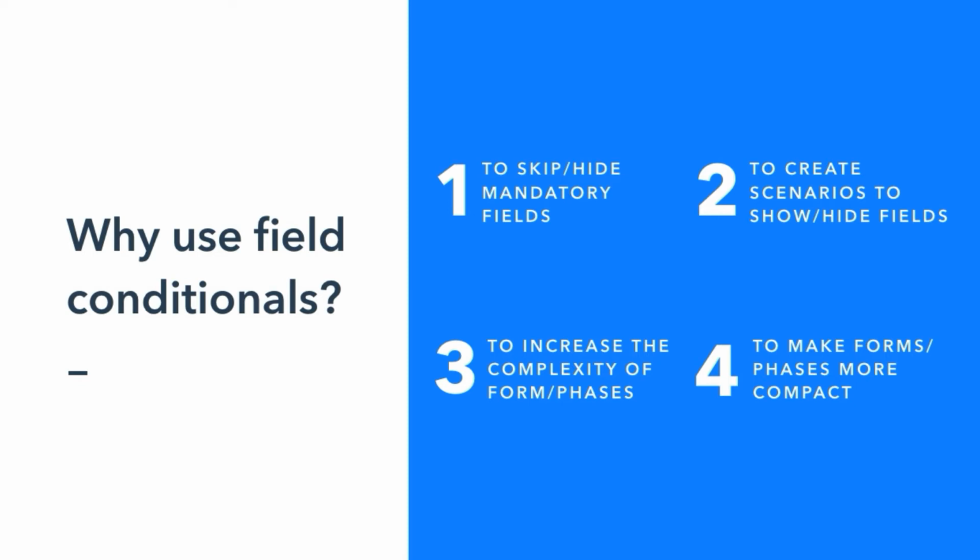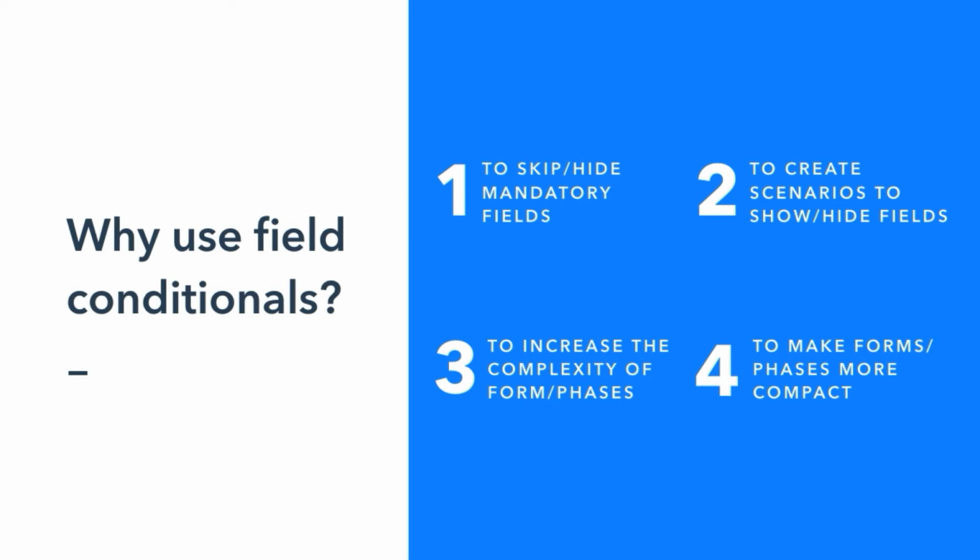Third is to increase the complexity of your form or phases so you can make them more dynamic by creating scenarios to display these or those fields. So you no longer need to have a single long form for people to fill in. You can create different varieties of the same form by using field conditionals.